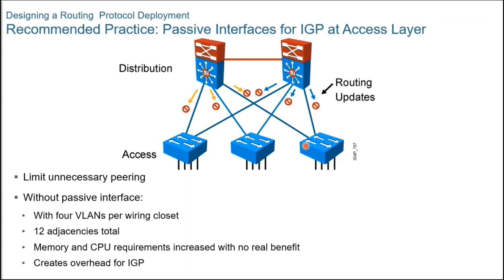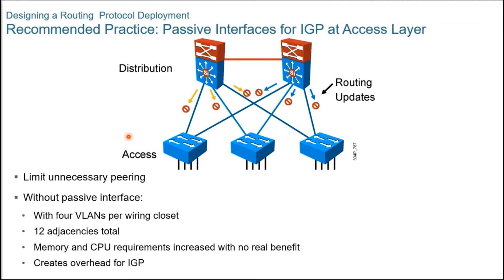By default, the distribution layer devices send routing updates and attempt to peer with remote distribution layer devices across the links from the access switches on every VLAN. Having the distribution switches form neighbor relationships over these 12 access layer connections provides no benefit and wastes resources, including CPU processing time and memory.